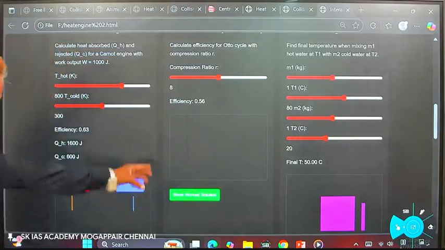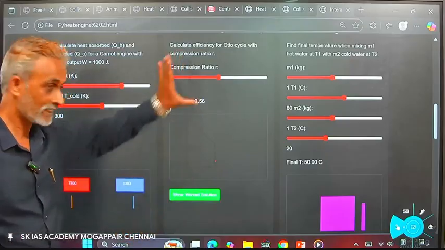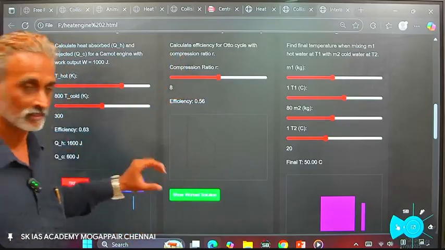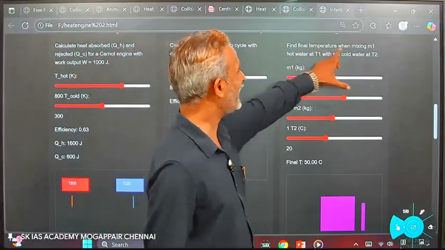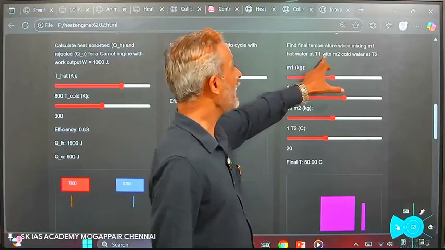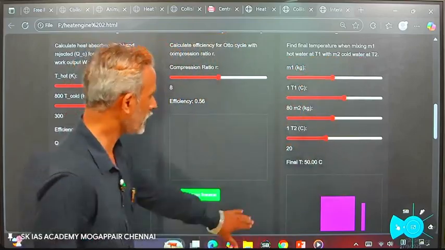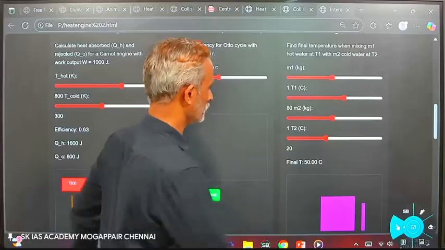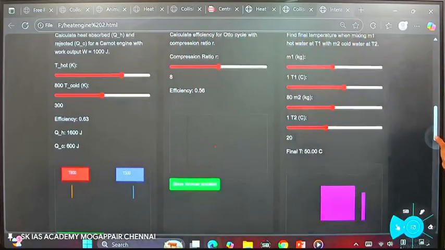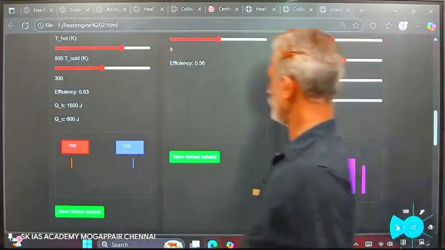You have to do the second question, just write. Third question: find the final temperature when mixing M1 hot water at T1 and M2 cold water at T2. This is the third question.